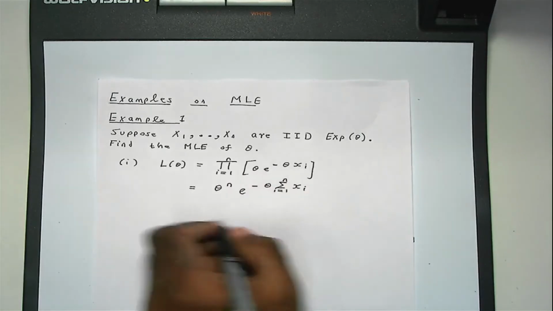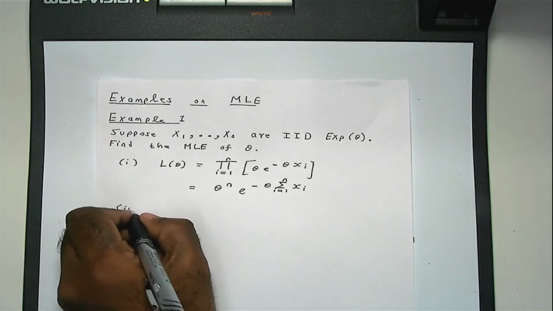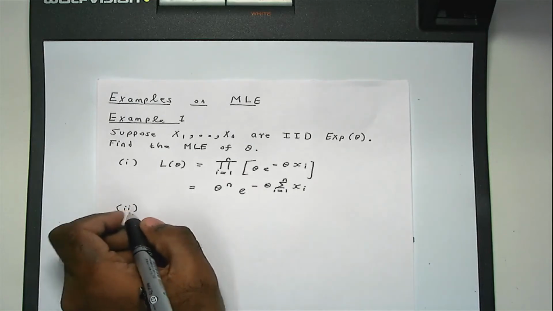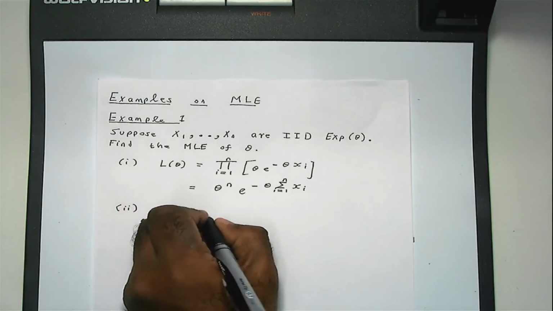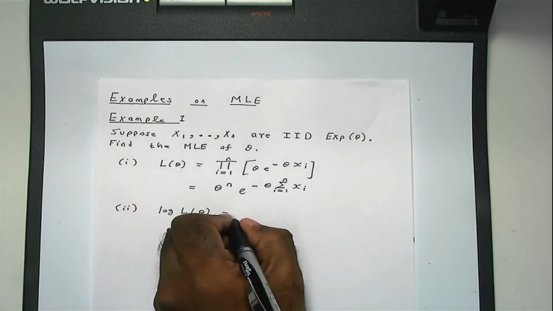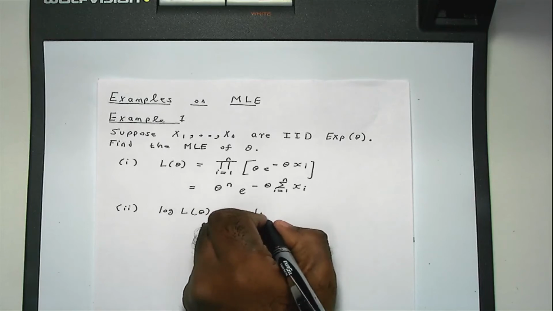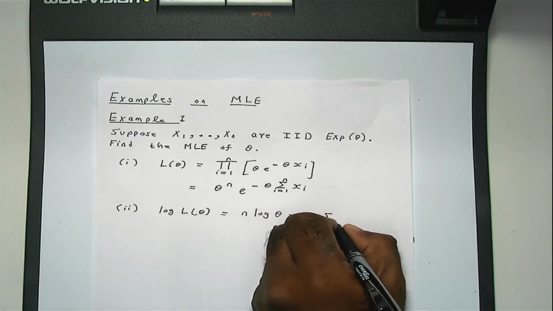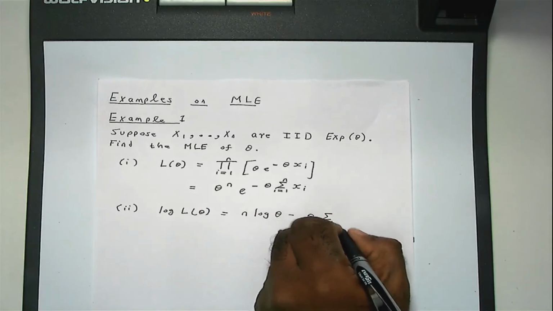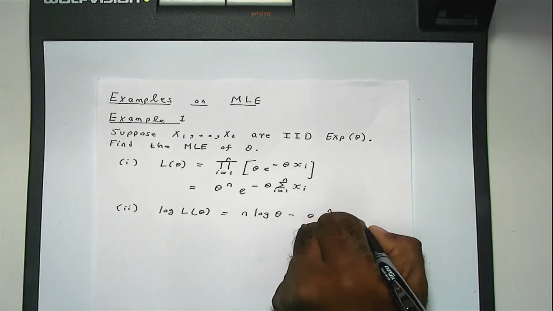Okay. So that's step 1. Step 2 is to take the log of the likelihood. So it's the log of L theta, which is going to be n log theta minus theta times the sum of xi.